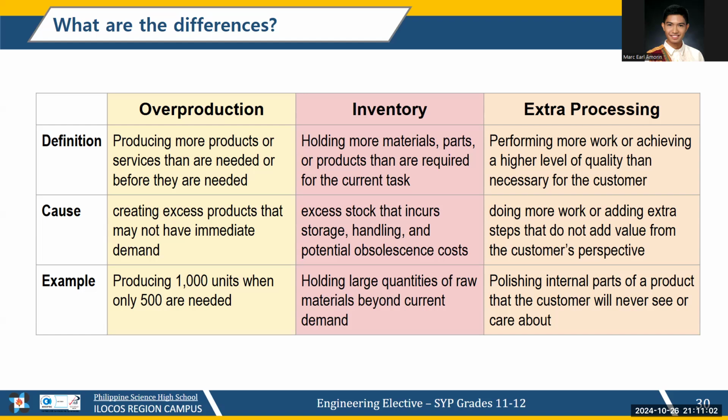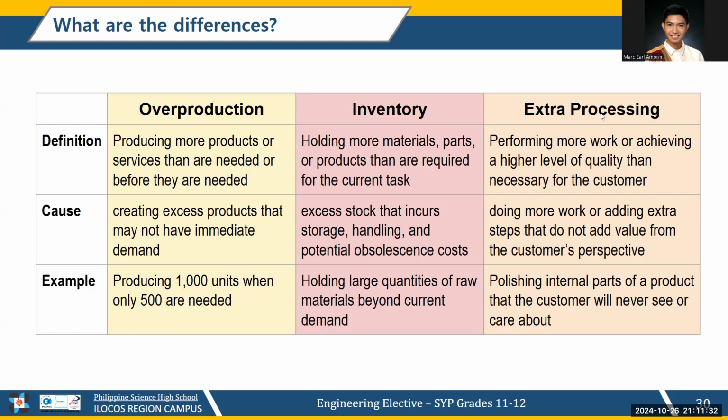So for example, for overproduction, since we are talking about producing products, if you produce 1,000 units, when only 500 are needed, meron kang overproduction. In inventory, since we are holding or storing materials, if you are storing large quantity of materials beyond the current demand, meron kang inventory waste.